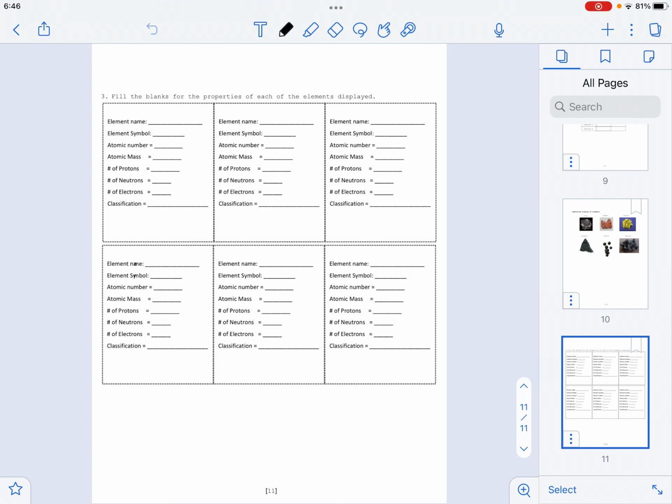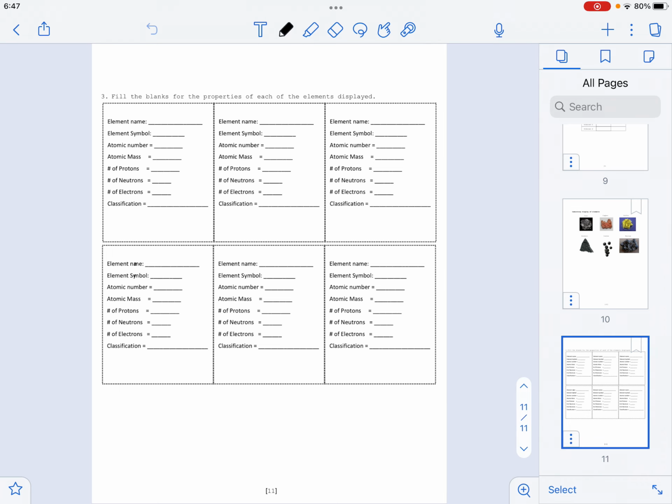As you can see, for each of them, in conjunction with the periodic table on page 5, you're going to find the element symbol, the atomic number, and the atomic mass. Remember that you have to round it to 2 decimal places. You're going to find the number of protons, neutrons, and electrons, and you're going to do the classification for them.